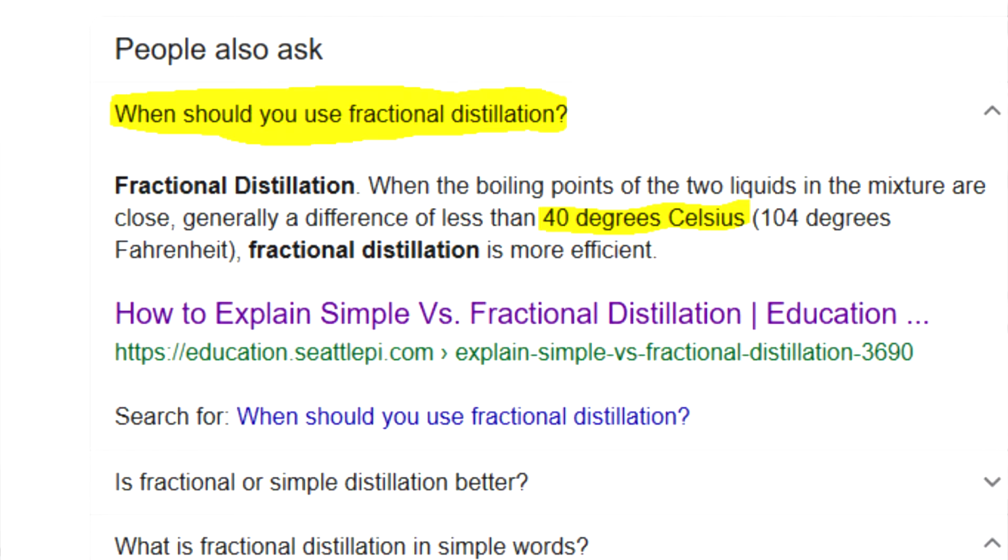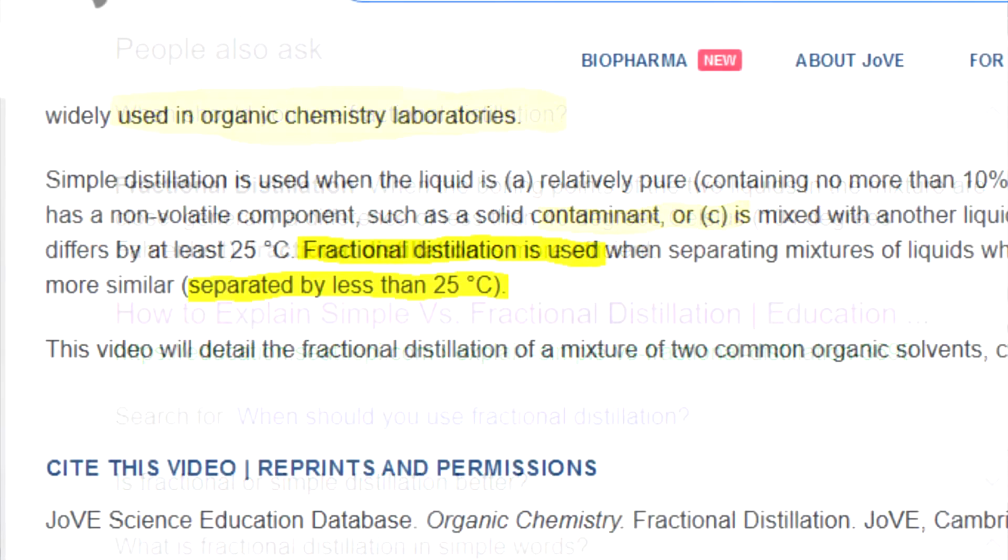It's a little bit annoying because websites are not giving me a straight answer, but as far as I've seen, fractional distillation is appropriate to use if the difference between boiling points of the substances is less than 40 degrees Celsius, some say 30 degrees Celsius, and some say 25 degrees Celsius.